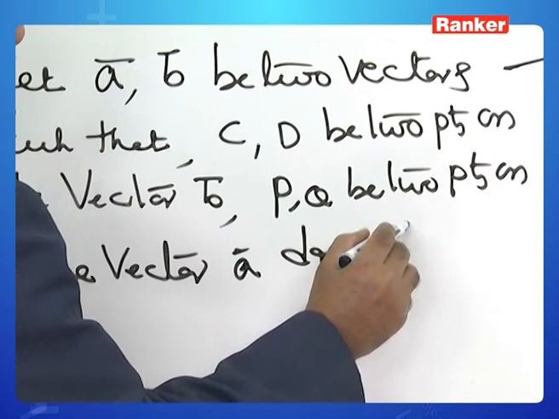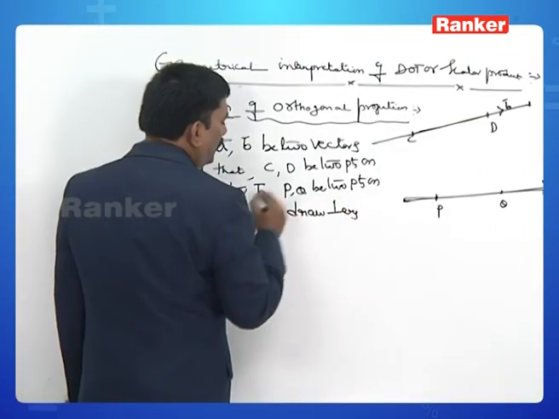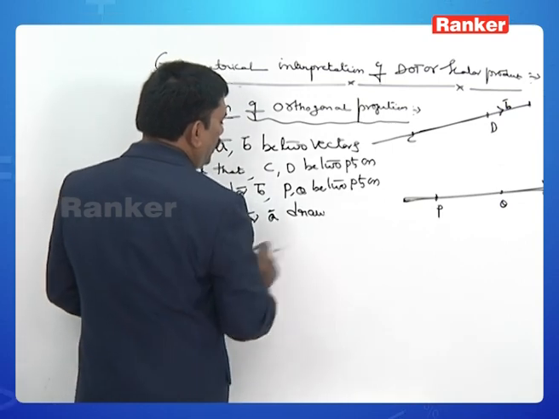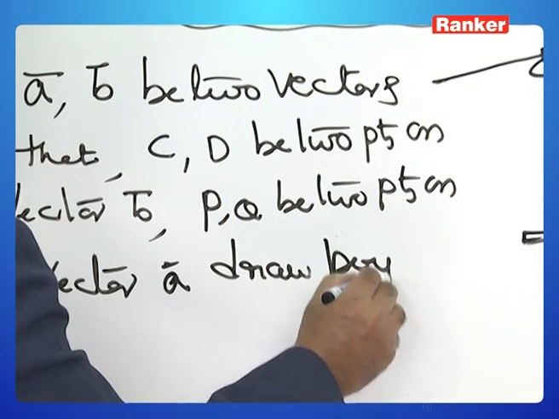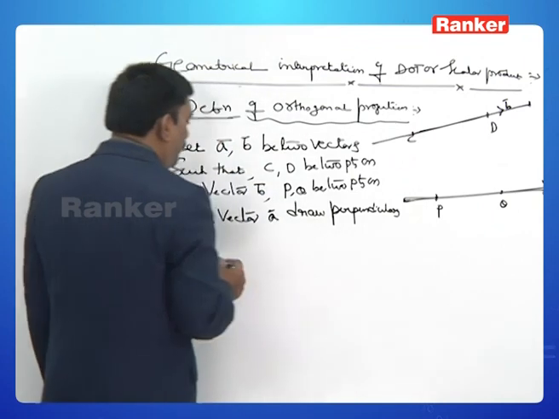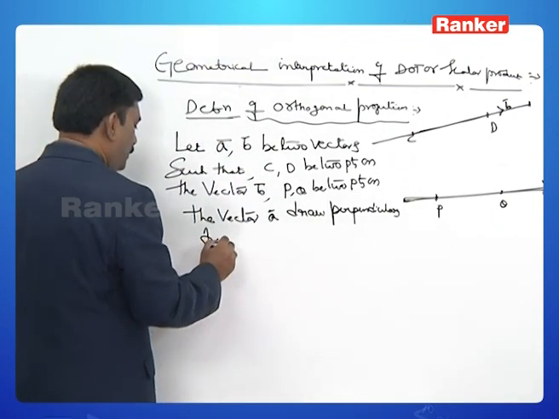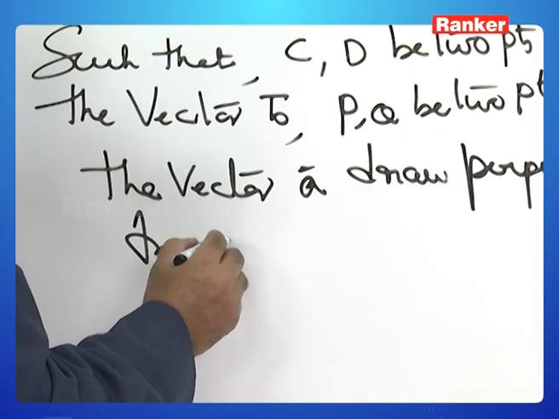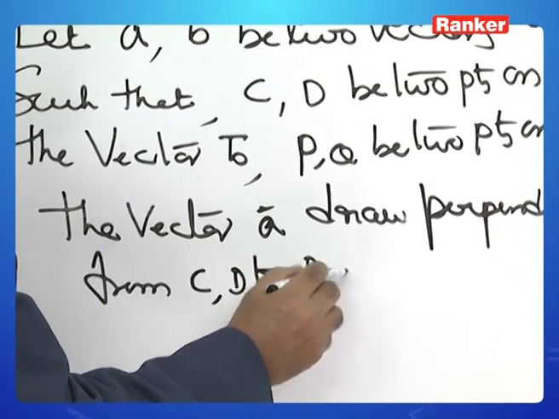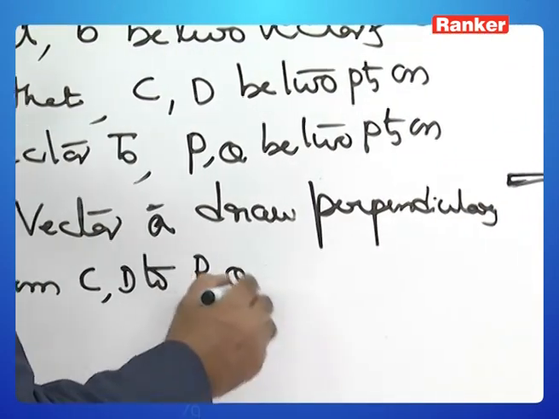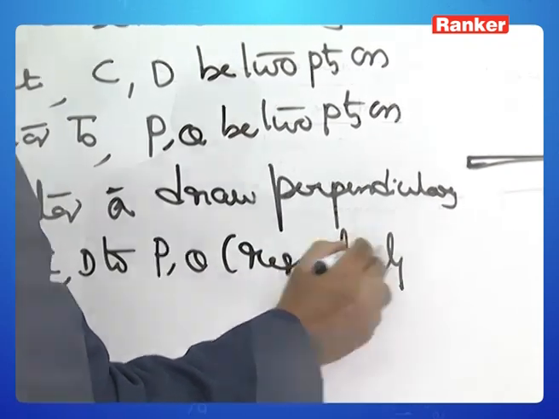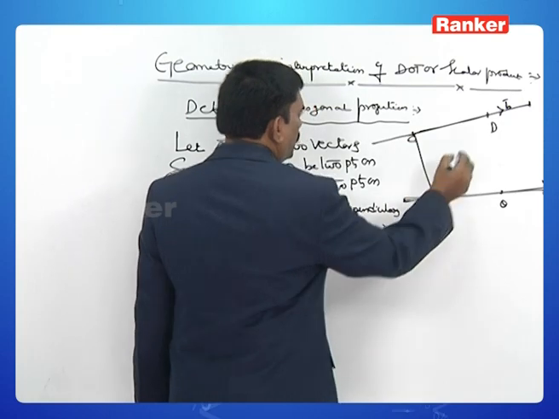Draw perpendiculars from C, D to P, Q respectively, like this.